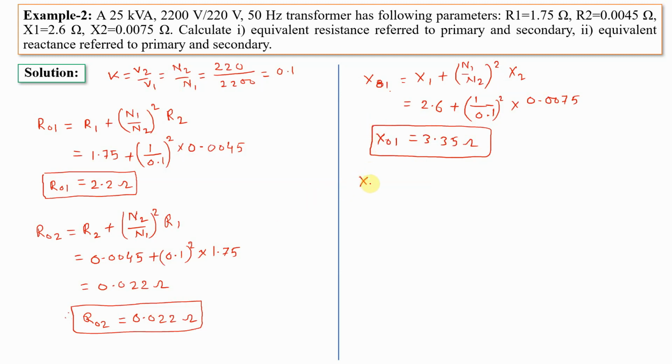And finally, the equivalent reactance referred to secondary will be X2 plus (N2 by N1) whole square into X1.